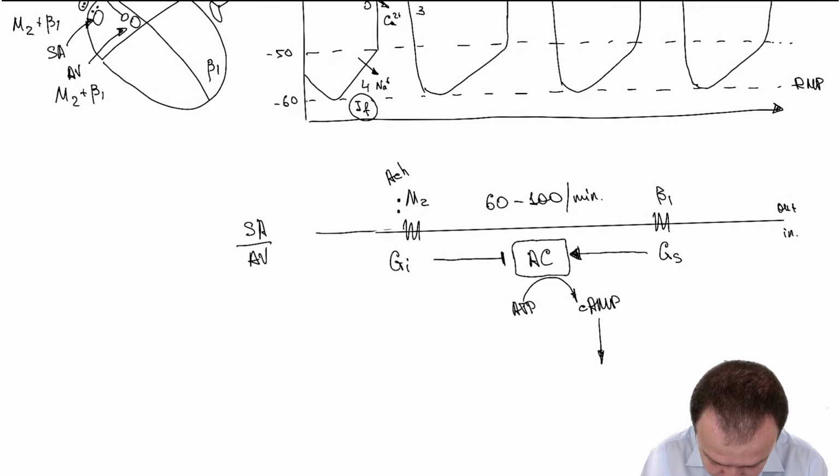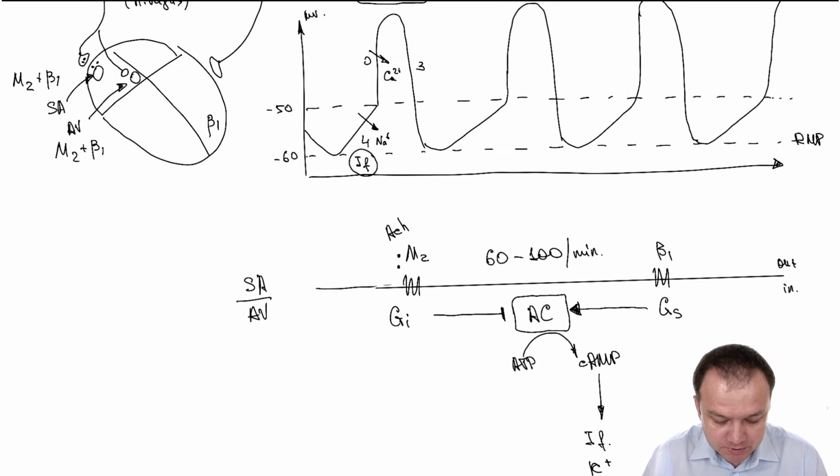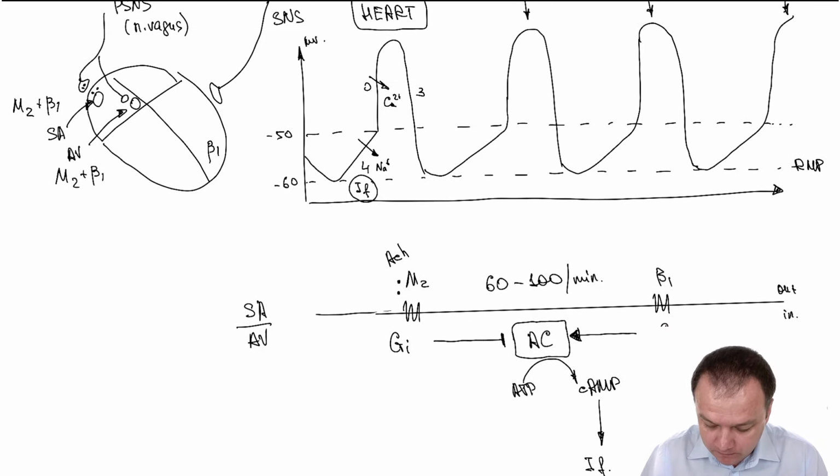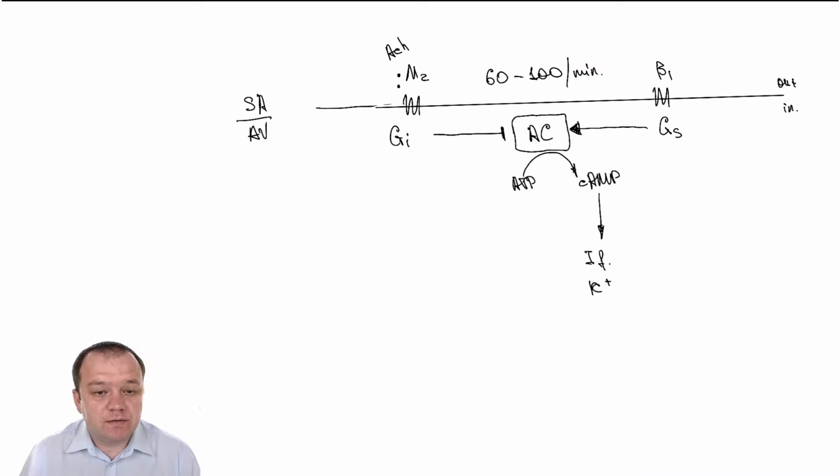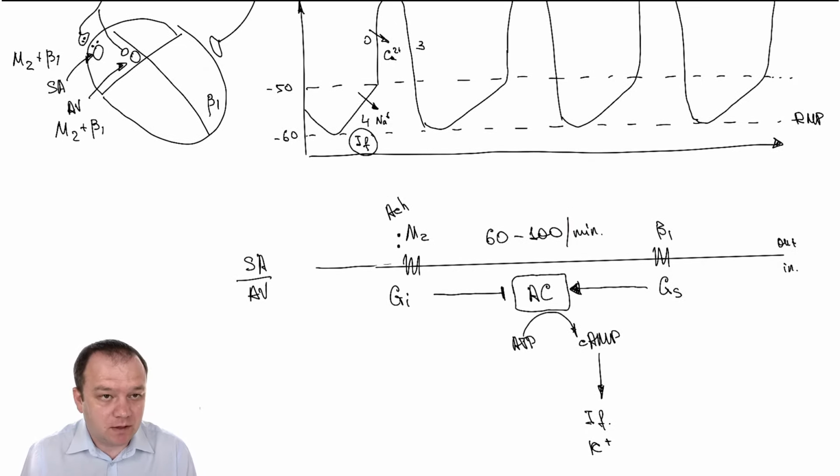So we have regulation of funny channels, and we have regulation of potassium current through the potassium channels, and as a result of opening of potassium channels, we have hyperpolarization and slowing down in heart rate.